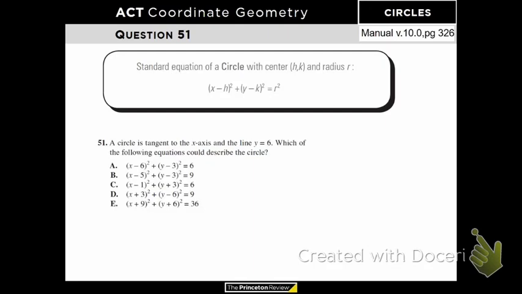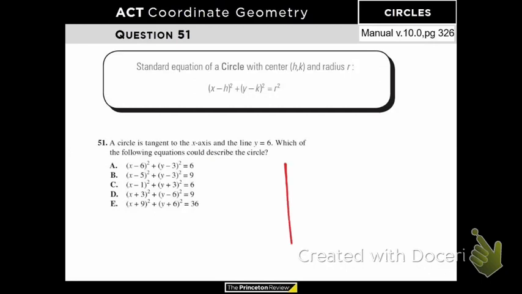So if we look at this first problem here, it says a circle is tangent to the x-axis and the line y equals 6. Which of the following equations could describe the circle? So first thing, tangent means touching at one point. Okay, so I'm going to go ahead and draw a picture here to help me.